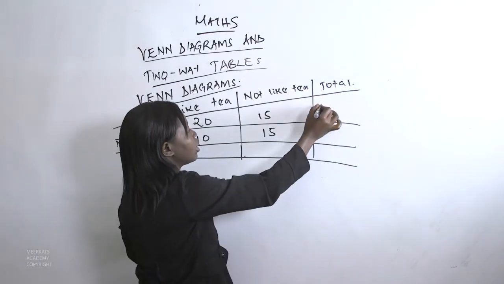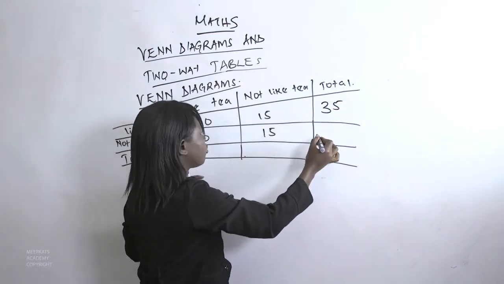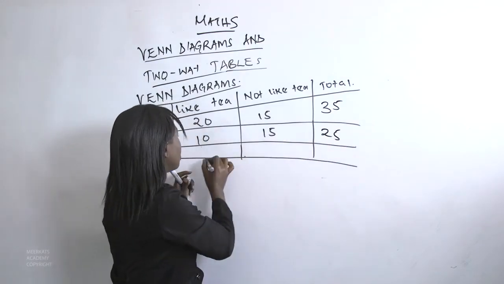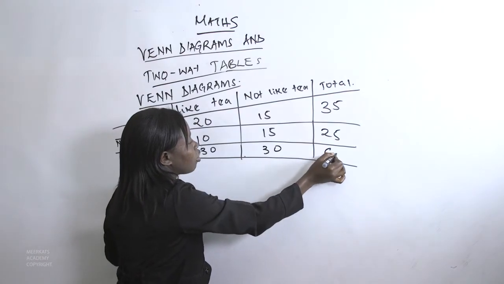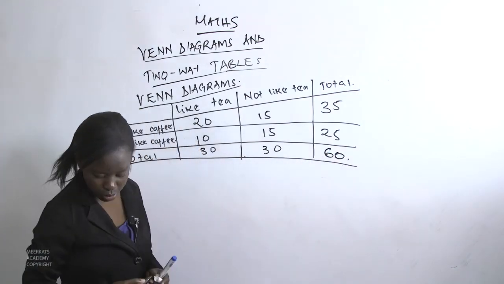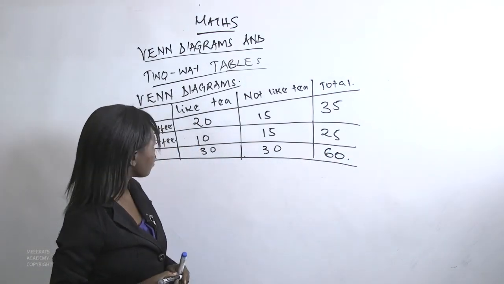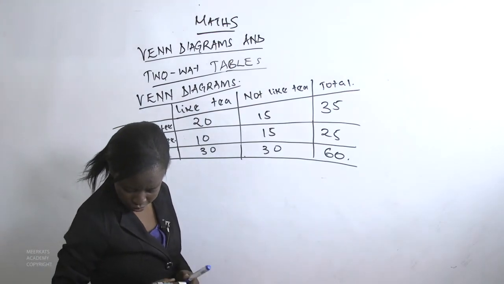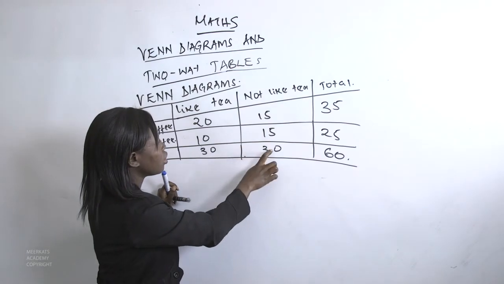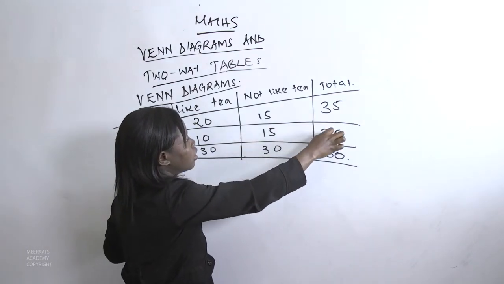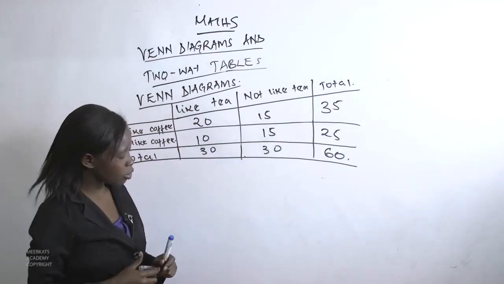So in total, in this side, we have 35, we have 25. We have 30 and 30, so we have a total of 60 people who are participating in this given interview.